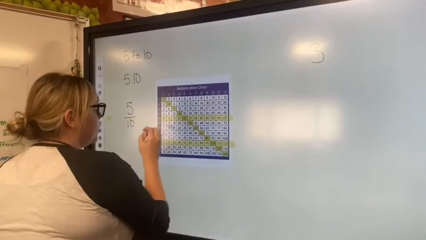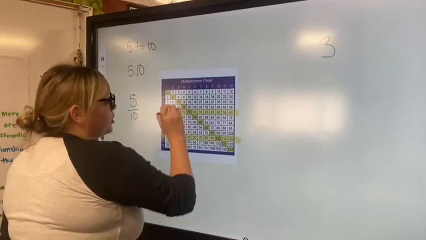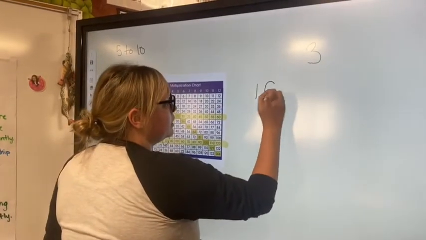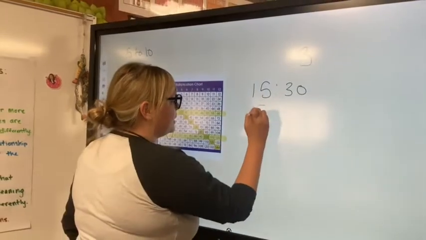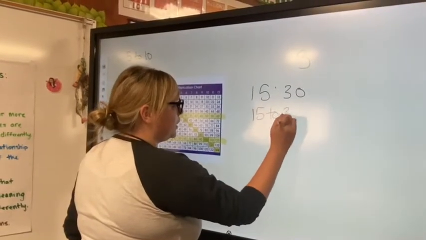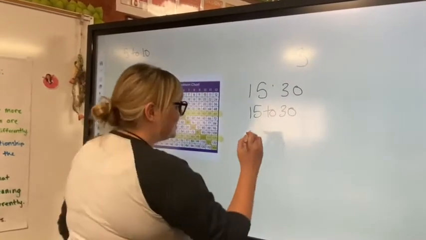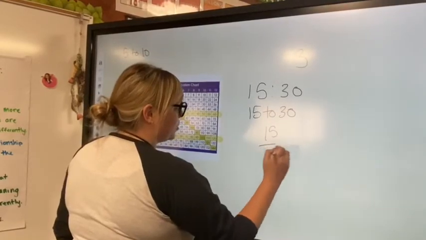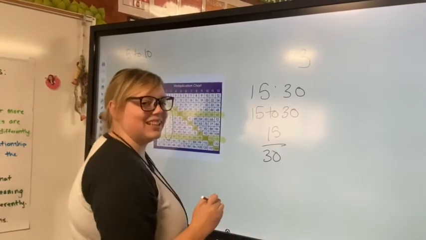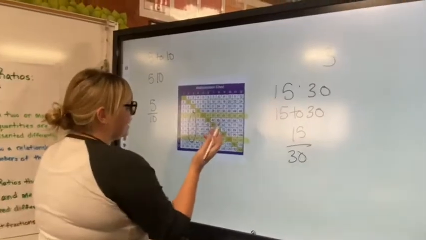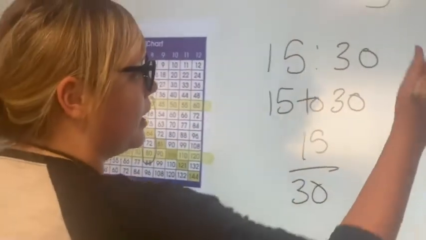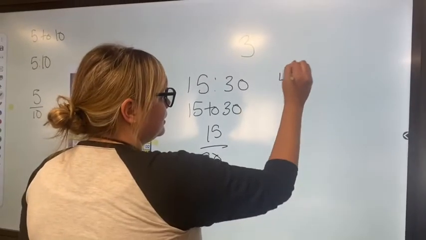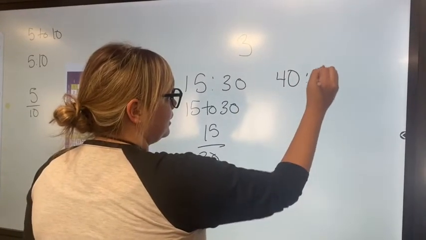I'm going to circle 15 and 30. 15 to 30. Or 15 over 30. Yeah. Okay. And now I want to do 40 and 80. So I can write 40 to 80.